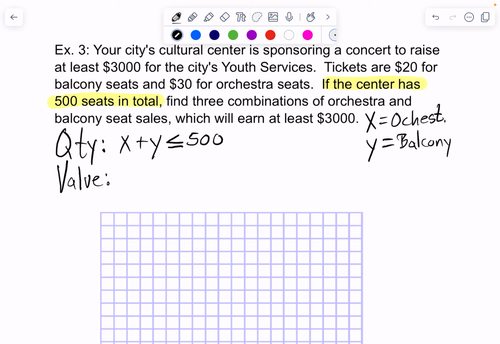And my value, I know that it's $20 for every balcony seat and $30 for every orchestra seat. So $30 for every X orchestra seat plus $20 for every Y balcony seat must be greater than or equal to $3,000 in order for the cultural center to actually raise the money that they're looking for.